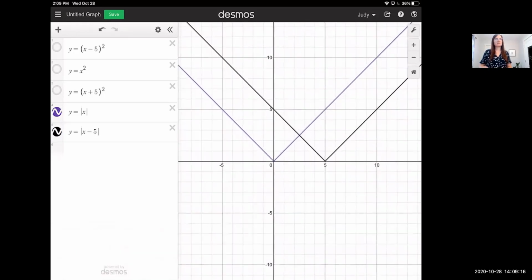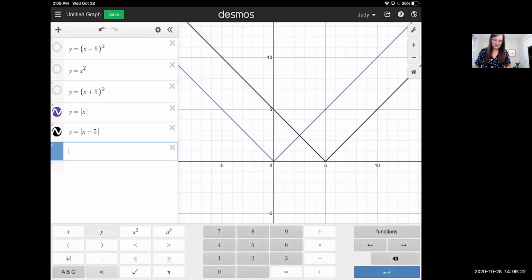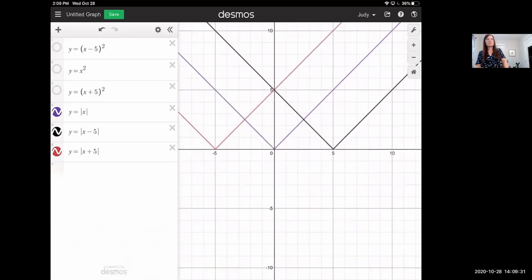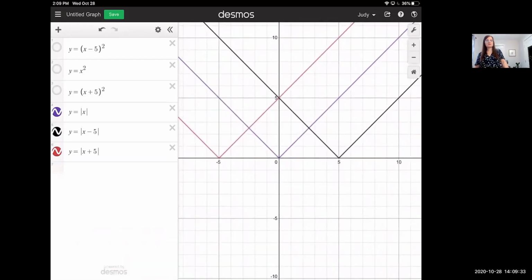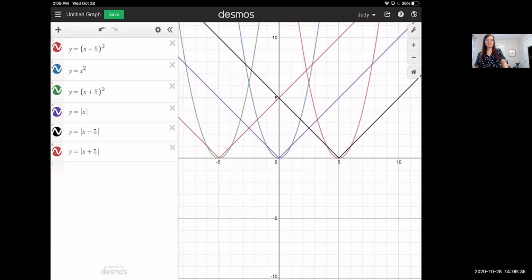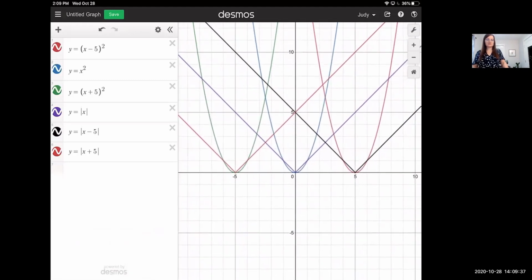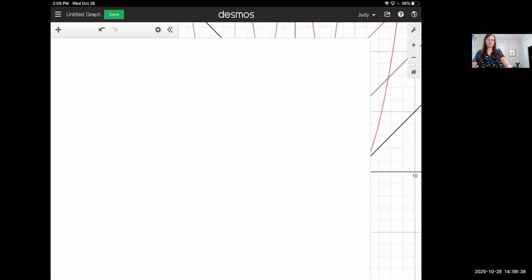You see that? The nice point to check is always that 0, 0 point. And again, y equals absolute value x plus 5, shifted to the left by 5. Okay. So you have this sort of transformation.